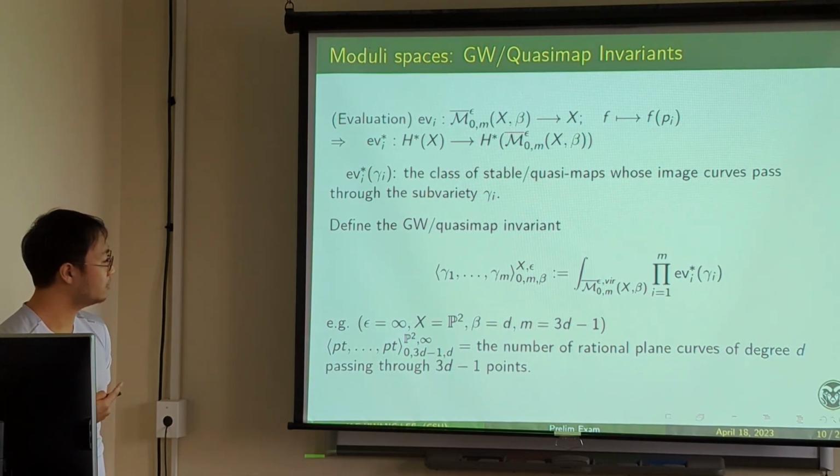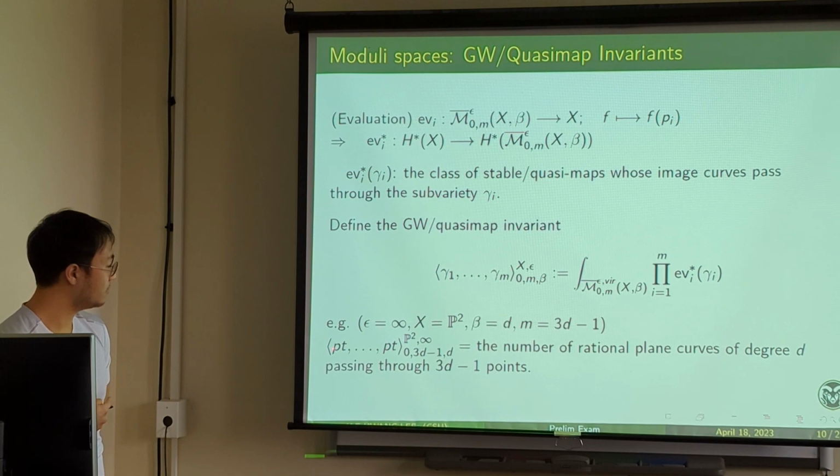One example of this invariant: when epsilon is infinity, which is a GW invariant, and X is the projective plane, I can take degree beta to be D, and put 3D minus 1 markings.